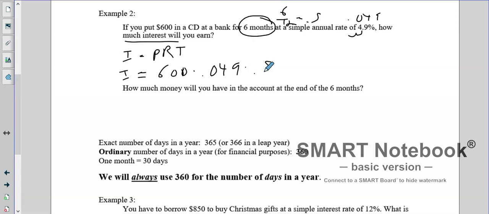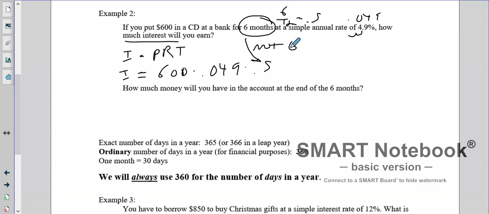So the most common mistake, I'll tell you right now, is going to put the 6 right there. And that's why I'm writing a note. It's not 6. The time is not 6. If you put 6 in there for time, you are saying it was invested for 6 years. Because time is always in terms of years.